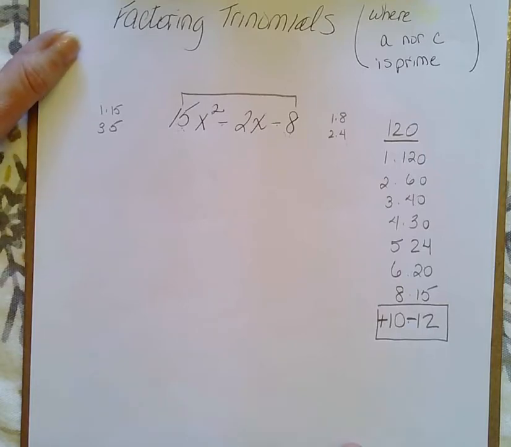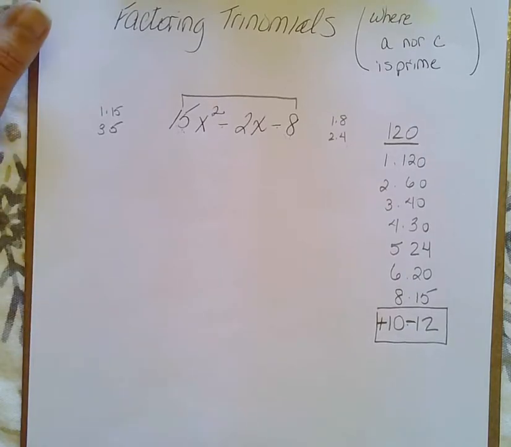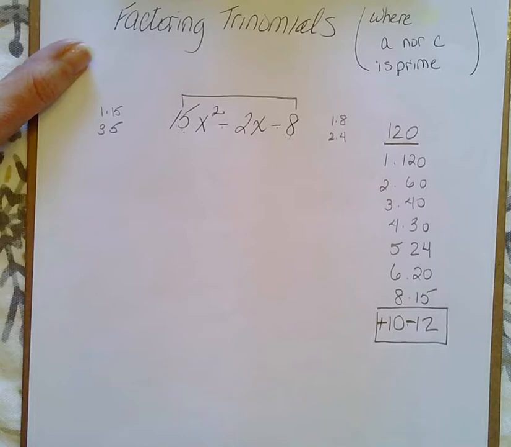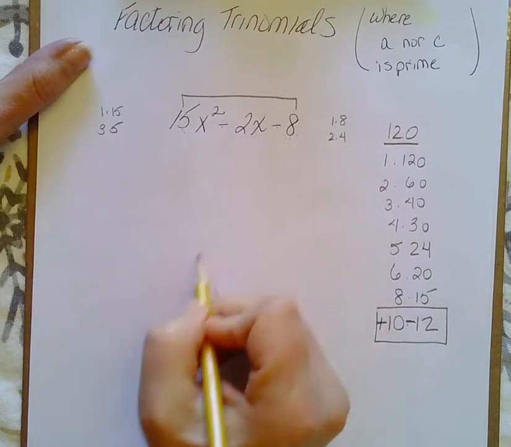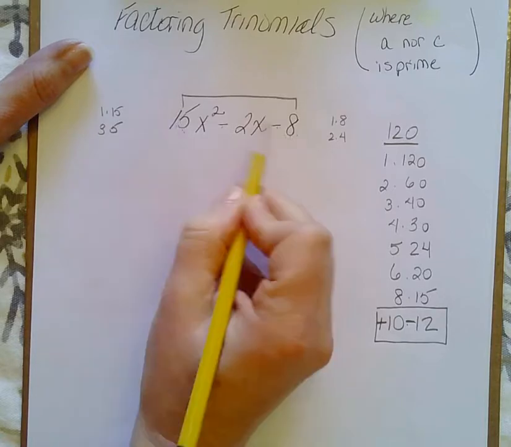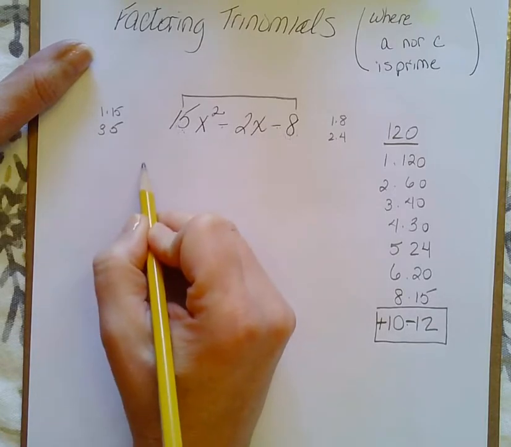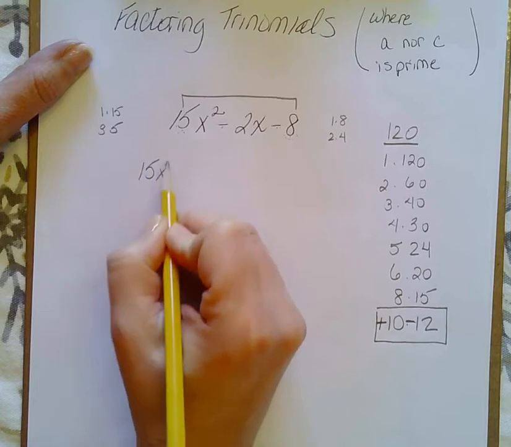First times last means what we're going to have to do is grouping. Let's rewrite this. I'm going to rewrite this trinomial as 4 terms. The first and last will stay the same. So here's my 15x squared.